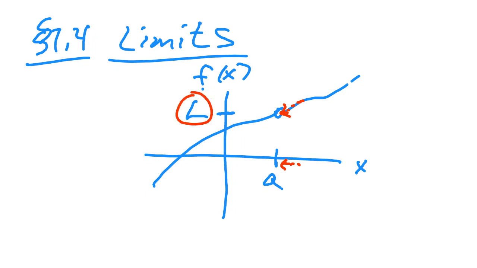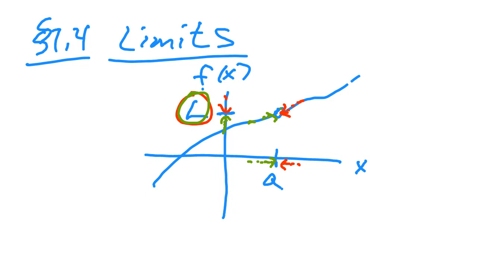So basically, what height do I approach? My graph is kind of sliding into that height of L, so I'm coming down that way. And when I approach from the left, I use green here. As x approaches a from the left, what height am I approaching? Well, I'm approaching a height of L again, and I'm doing that from the bottom side, coming up from the bottom on that height.